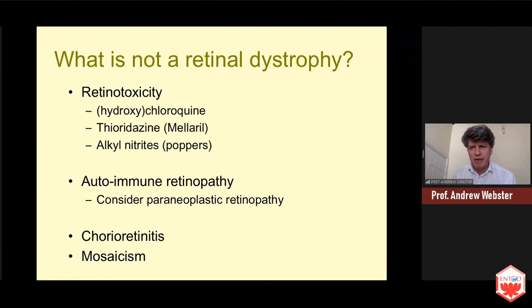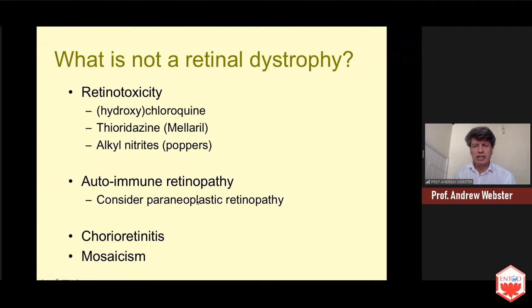So it's important also to know what isn't a retinal dystrophy. We always have to be aware of drugs. Retinotoxicity can mimic dystrophies. And autoimmune retinopathy, a very difficult condition to diagnose precisely. It's usually a diagnosis of exclusion from the clinical presentation. But that also can look very similar, and I'll show you an example of that. Whenever we suspect immune retinopathy, autoimmune retinopathy, we have a low threshold for searching for cancers.